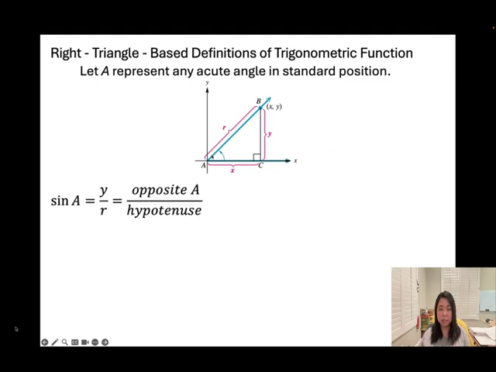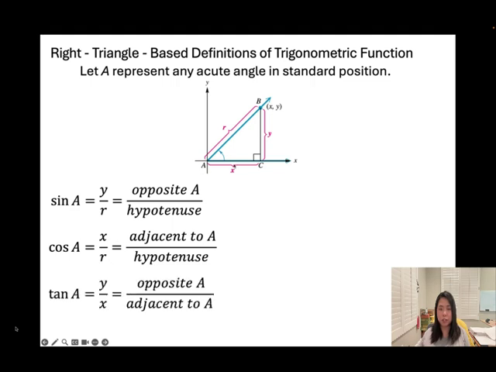So sine A equals opposite over hypotenuse, which is y over r. Cosine A is adjacent over hypotenuse, which is x over r. And tangent is opposite over adjacent, so y over x.